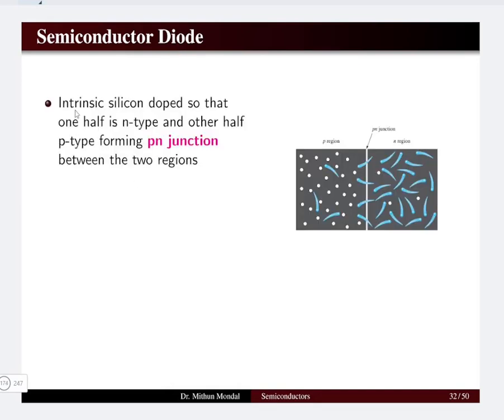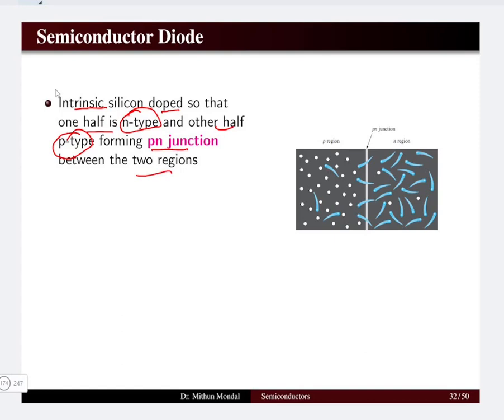So we have seen that intrinsic silicon, which is pure silicon, when it is doped so that one half is the N type and the other half is the P type, leads to the PN junction between the two regions.